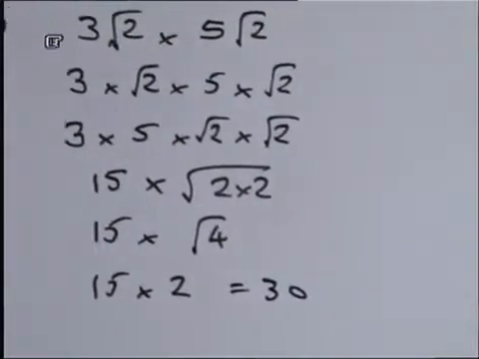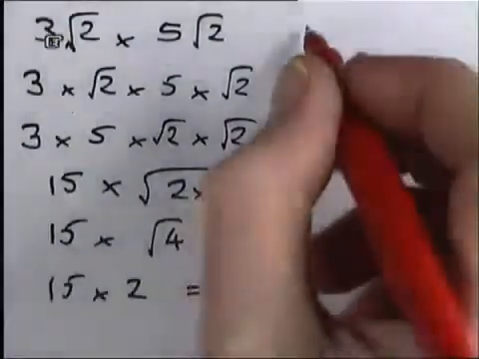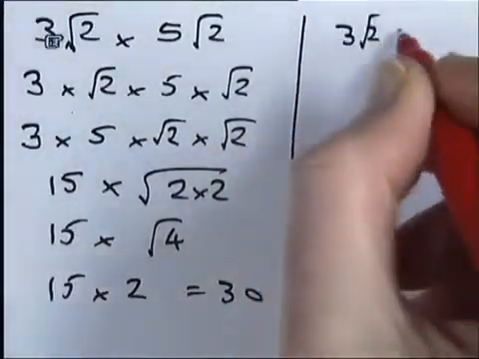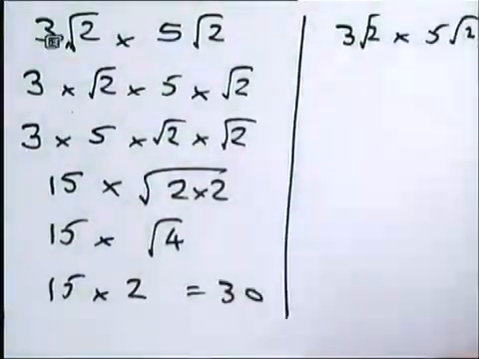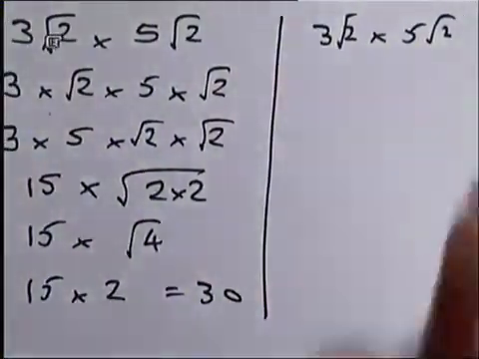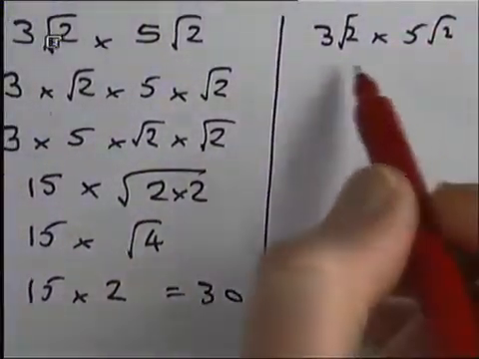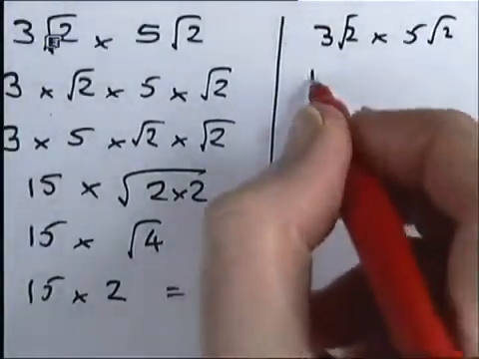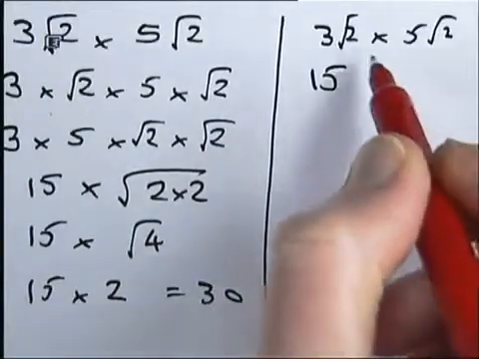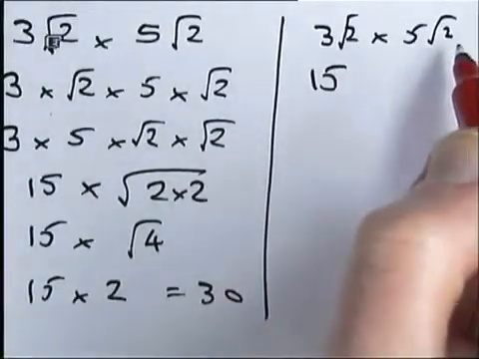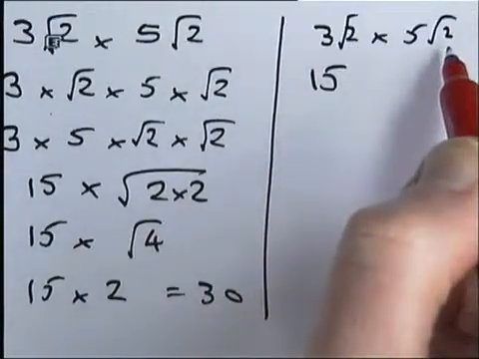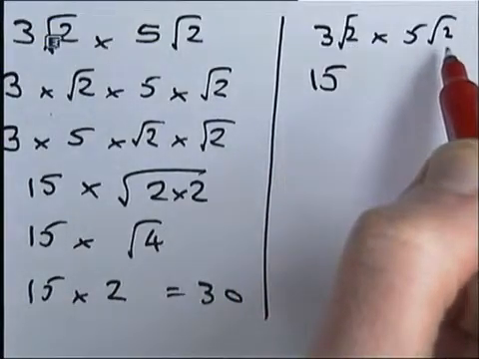Now, you wouldn't normally write it out in as much detail as that. If we go back to the top where we had 3 root 2 times 5 root 2, what you could normally just say is, okay, let's look at the normal numbers first, the numbers that aren't in the square root sign. 3 times by 5, that's 15. Then I've got to do root 2 times by root 2. Any square root times by the same square root always gives you the number itself.